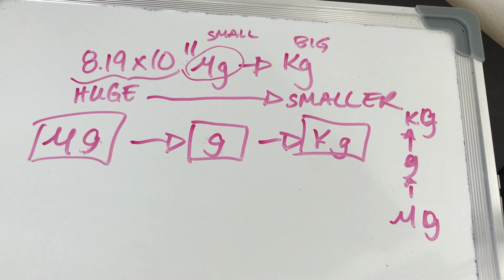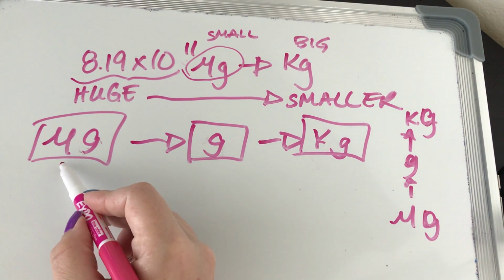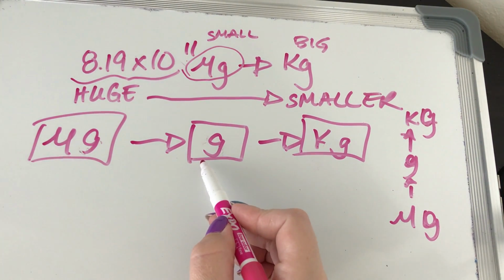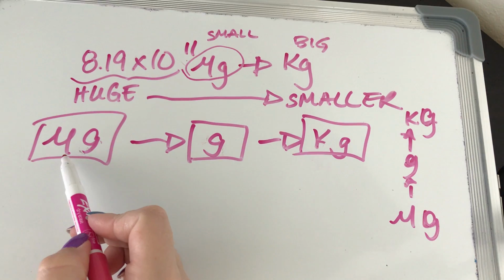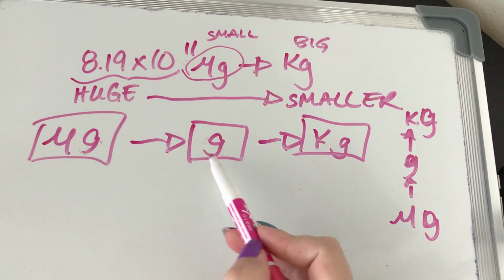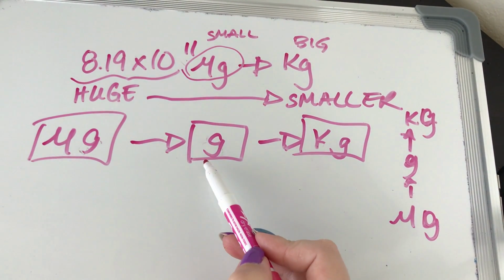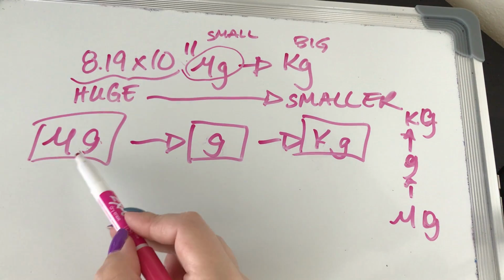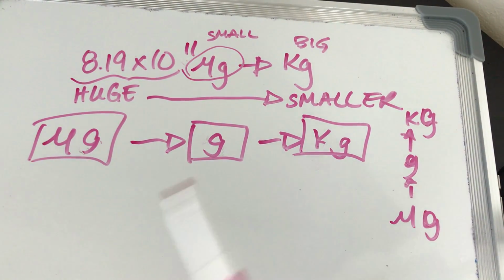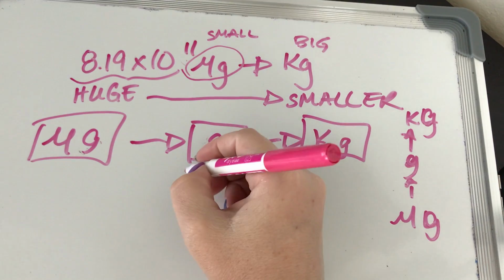So now again, the tricky thing here is remembering the conversion factors for each one of these. So going from micrograms to grams, we know this guy is tiny and this guy is bigger, right? So where's the one gonna go? With the micro or with the grams? The grams, yes.